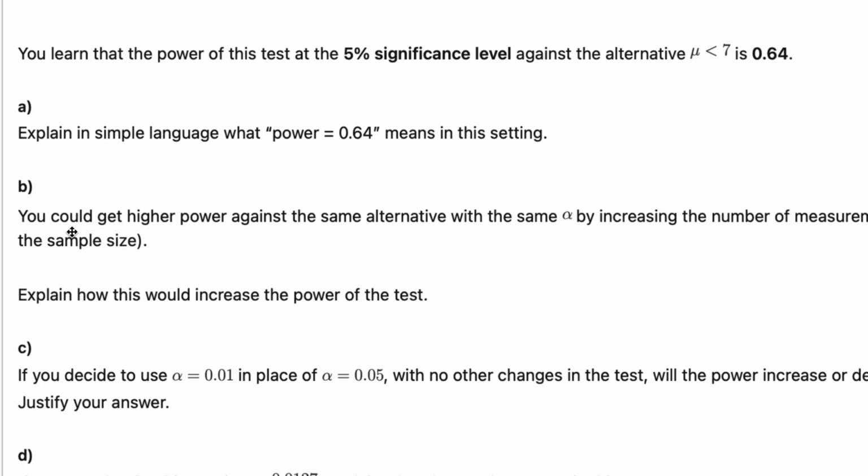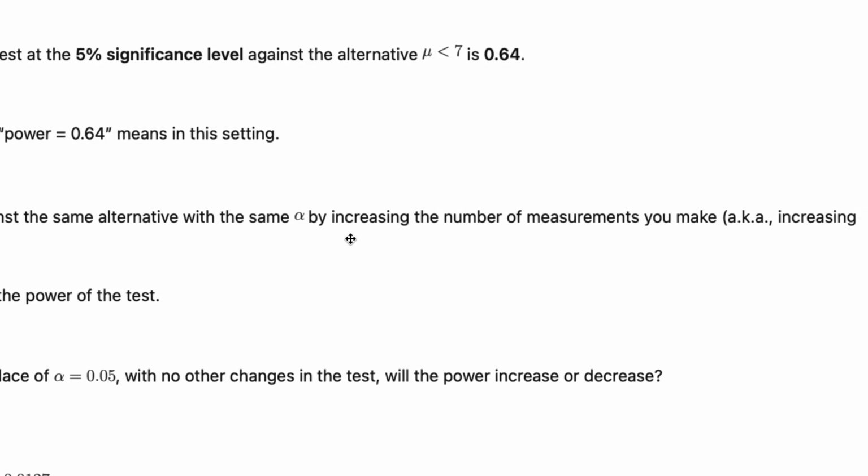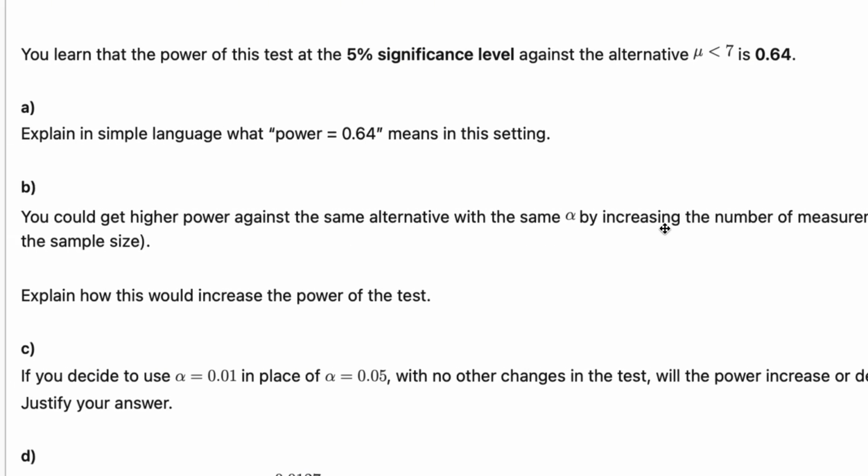Okay, part B. You could get higher power against the same alternative with the same alpha by increasing the number of measurements you take, aka increasing the sample size. Explain how this will increase the power of the test. Well, increasing sample size will make the standard error smaller, so the sample mean varies less, right?